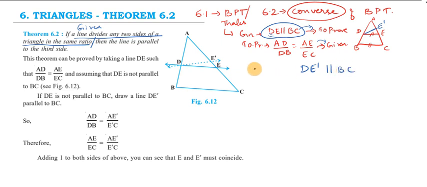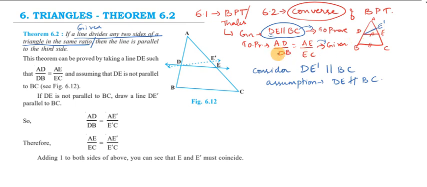So this is our consideration. And we are assuming that DE is not parallel to BC. So our assumption is that DE is not parallel to BC. This is our assumption and what we have considered.